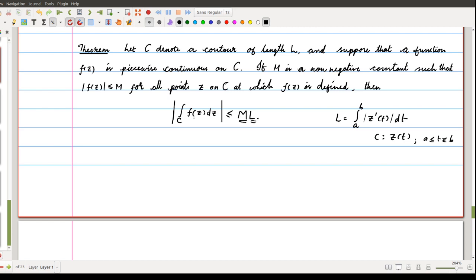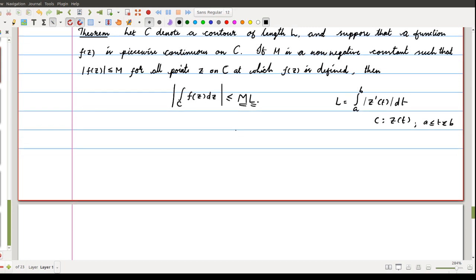So the upper bound for this contour integral is the product of the upper bound of mod f, that is M, and the length of the contour.